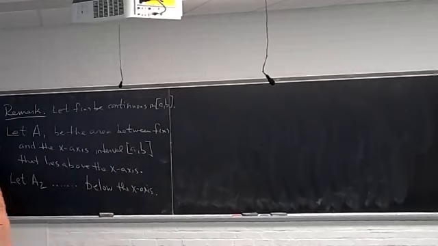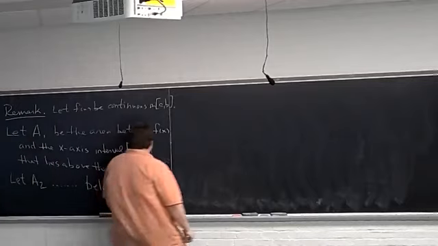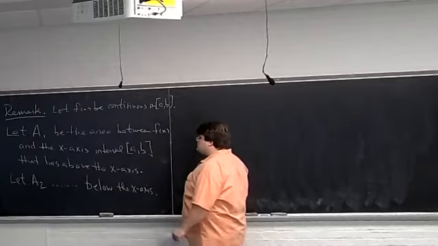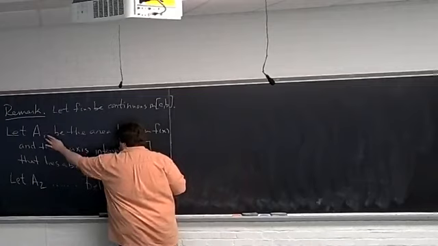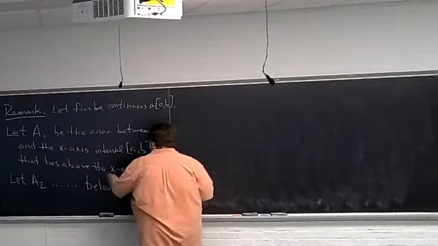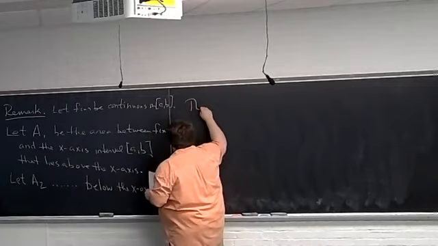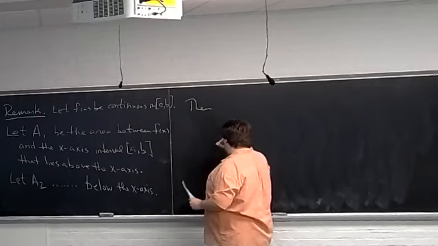So A1 is the area above the x-axis, interval a to b. A2 is the same exact thing, but below. So you could write the same sentence twice, just changing A1 to A2 and above to below. But what happens in that case?